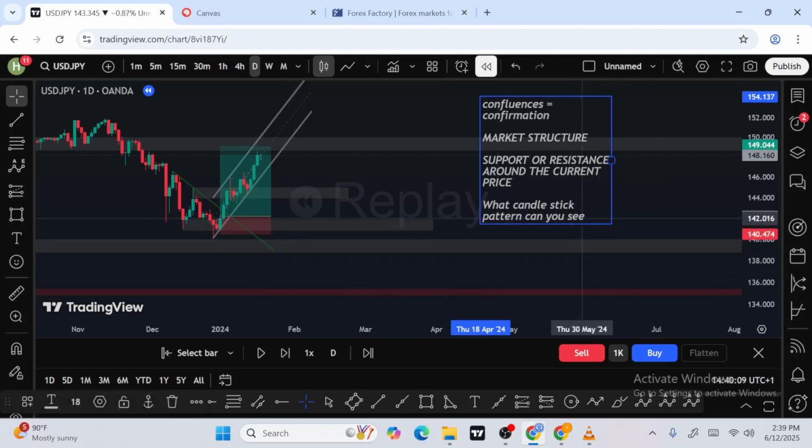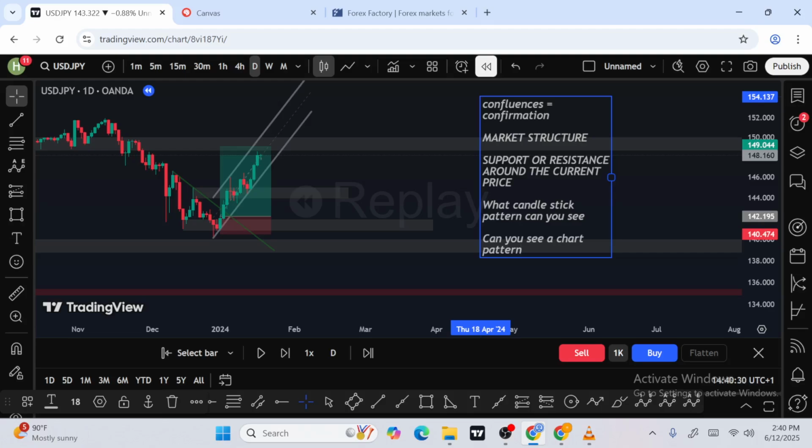So after that, the next one will now be: can you see a chart pattern? A chart pattern we add to your confluence.